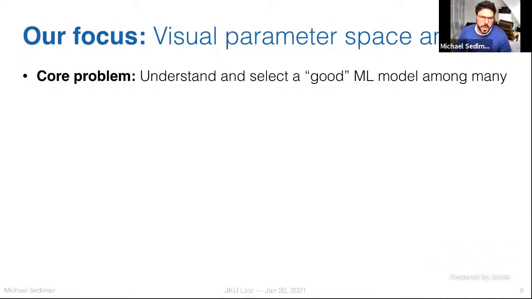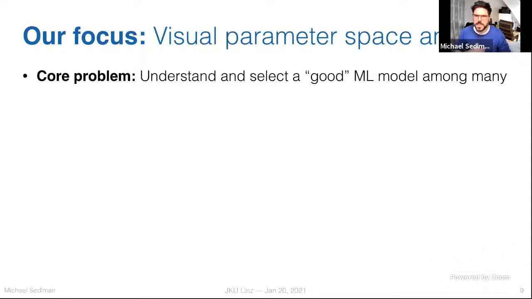So we also have been doing work in the area for the last decade on how we can use visualization for understanding machine learning models. But I think our focus has been somewhat different. Most of the work that I've seen is really focusing on understanding a specific model instance and trying to open this black box, so looking into how a deep neural network, for instance, works.